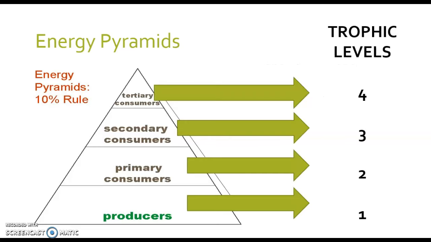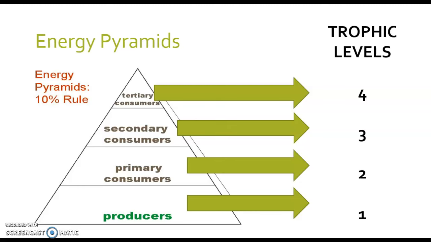A trophic level is literally just the level in the energy pyramid. Starting from the bottom, where the producers are, that will always be your first trophic level. Producers will always be found in the first trophic level, and you will move up to the second trophic level, where the primary consumers are, the third trophic level where the secondary consumers are, and the fourth trophic level where the tertiary consumers are.